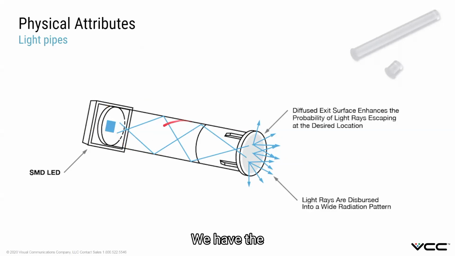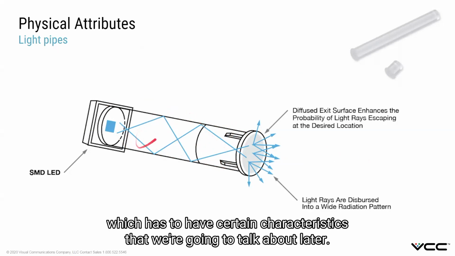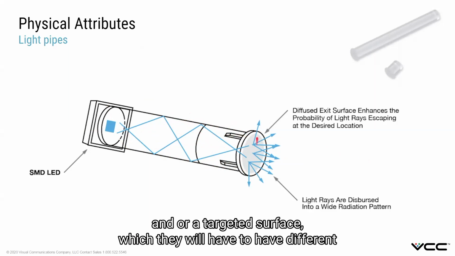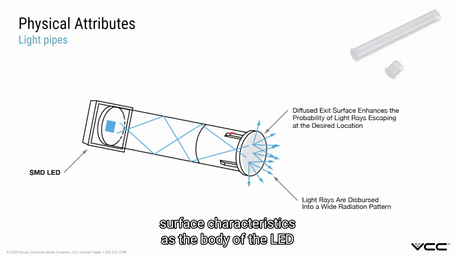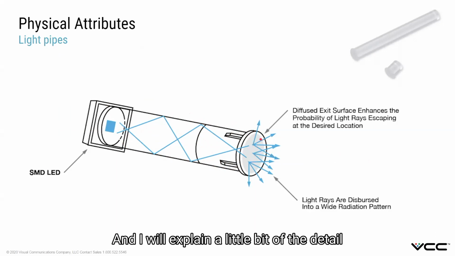We have the actual geometry of the light pipe, which has to have certain characteristics that we're going to talk about later. And then we have the output, or target surface, which will have to have different surface characteristics than the body of the LED in order for the light to be expulsed off of the light pipe. And I'm going to explain a little bit of the detail.